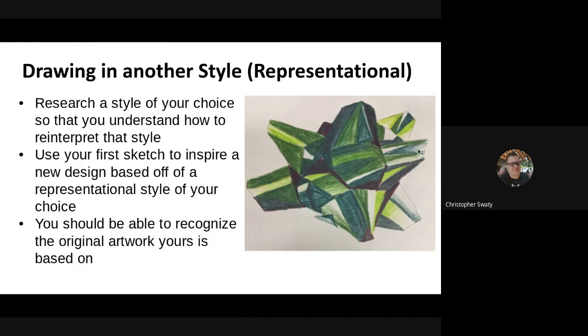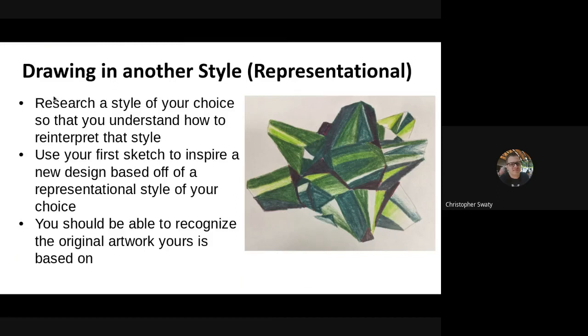So instead of looking at your original object that you drew, you're going to refer back to the picture that you drew, not the object itself. So now we're not doing an observational drawing. You're using your first drawing as a guide for your second.